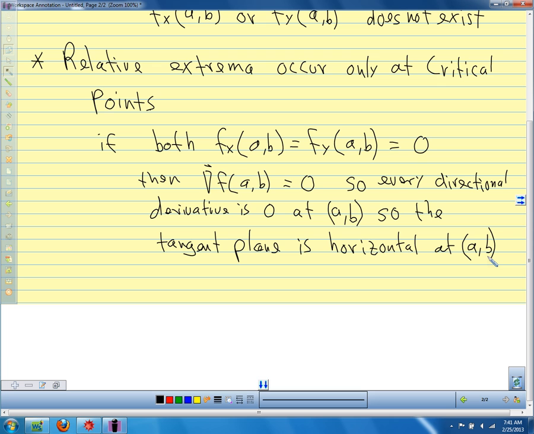So just like with a function of single variable at a maximum or minimum, our tangent line is horizontal. Function of two variables, our tangent plane is horizontal at a maximum or a minimum.